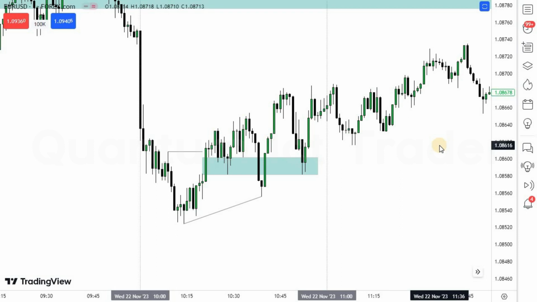And yeah, I hope you won't need to watch any other ICT silver bullet strategy video, because I just told you everything about the silver bullet setup, and that's what I use personally. I look for this type of scenario to form, and when I see this type of formation, I enter the trade. That's just simple. I just simply told you the unicorn setup.